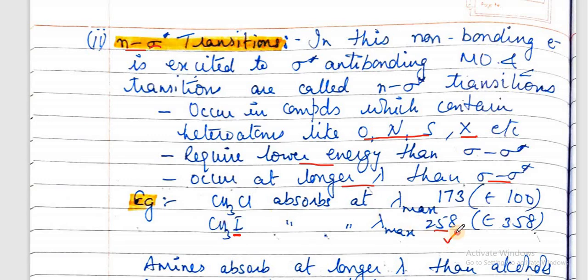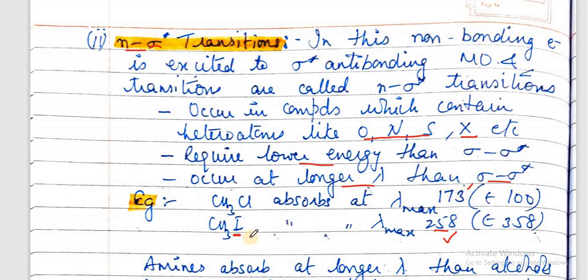Here the bond is strong, it requires more energy to excite the electron, and chlorine is more electronegative, so it is more strongly bonded and the electron requires more energy to get excited, so lower wavelength.